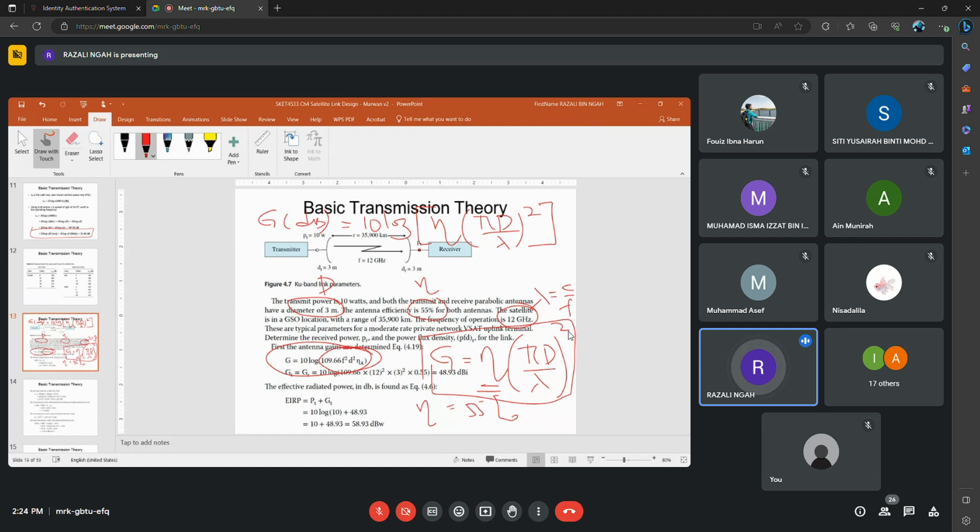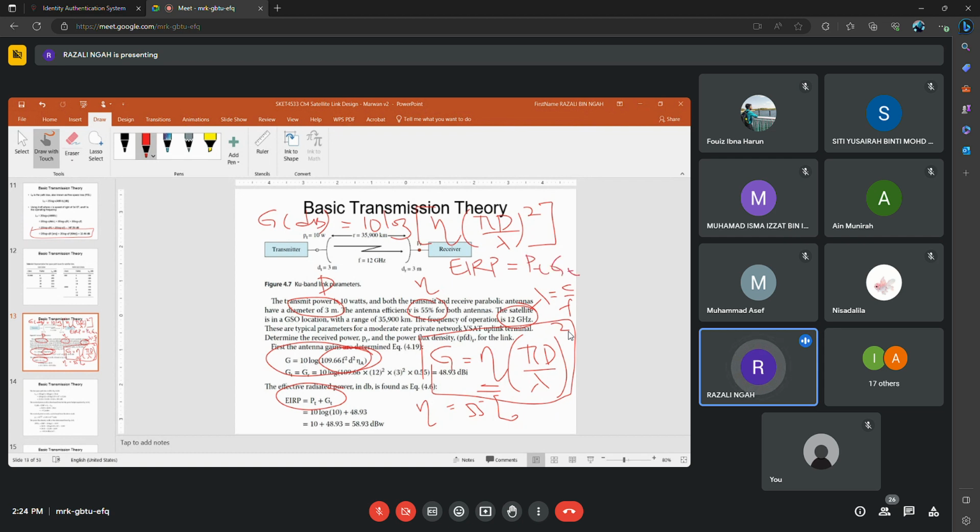Okay. In mobile communication, normally for EIRP, it's always in linear, you have PT GT, right?